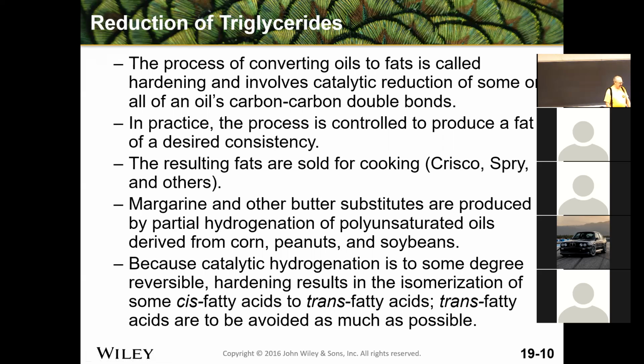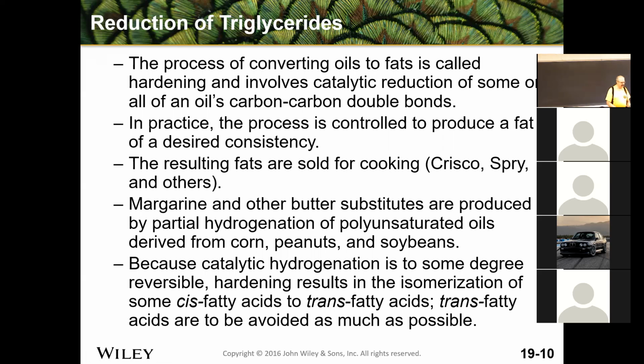Because catalytic hydrogenation is to some degree reversible, hardening or hydrogenation results in the isomerization of some cis fatty acids to trans fatty acids. Trans fatty acids are to be avoided as much as possible.